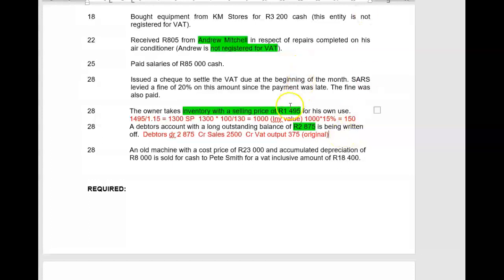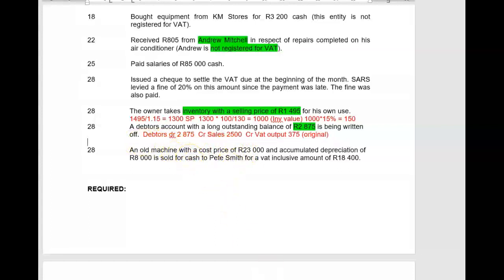I know that you've never received the money, never collected the outstanding debt. Therefore, you are out of pocket with that 375 Rand that you initially paid over to me, and therefore I will allow you to claim it back now. The only thing is that I'm not going to debit sales because that is not correct, but I'm going to debit another expense account called credit losses, not bad debts, credit losses.